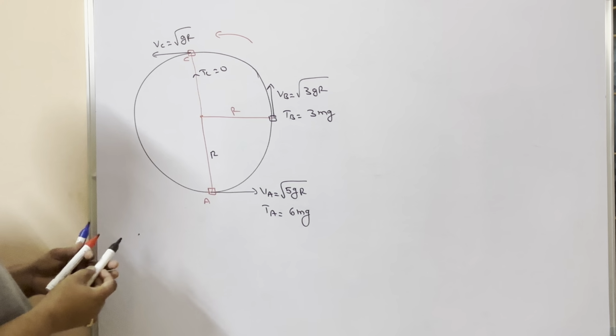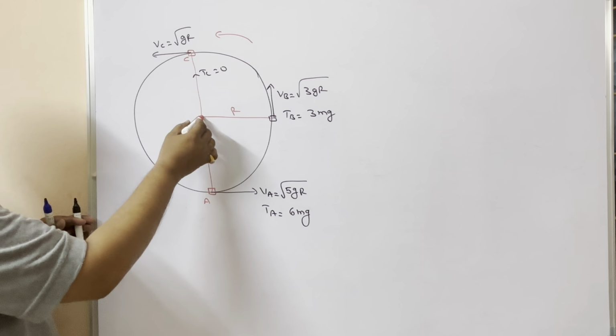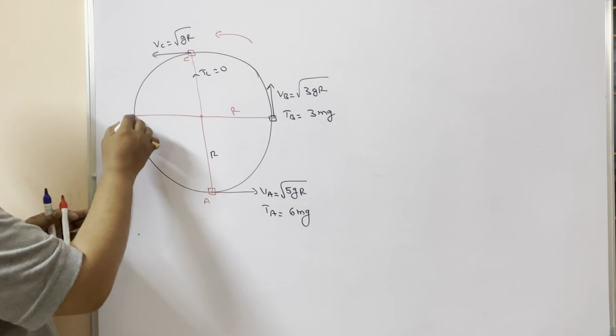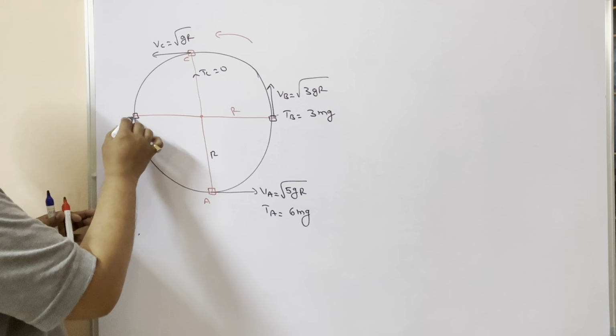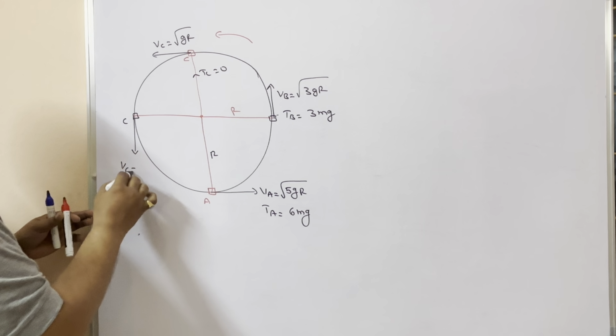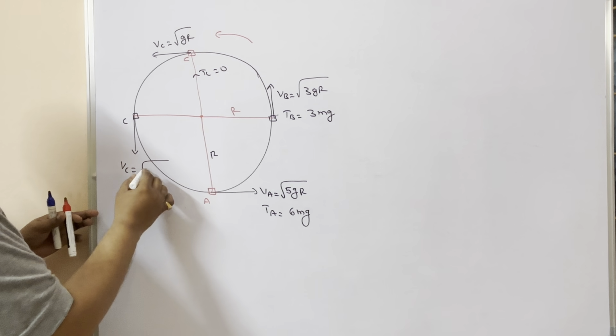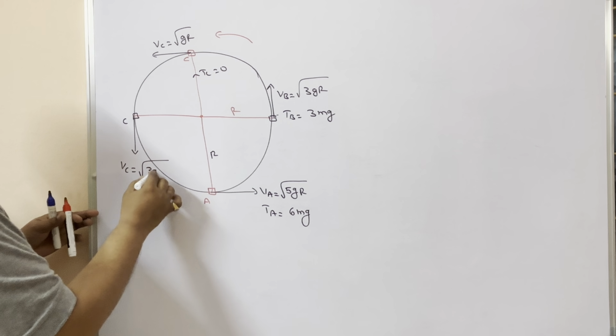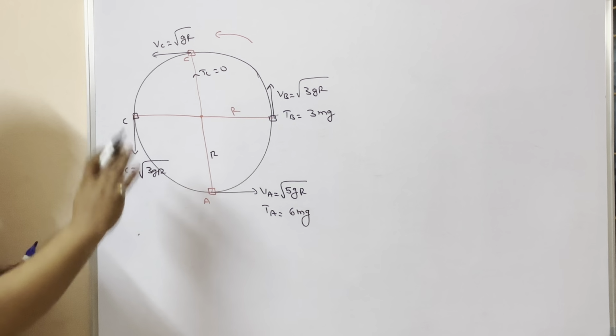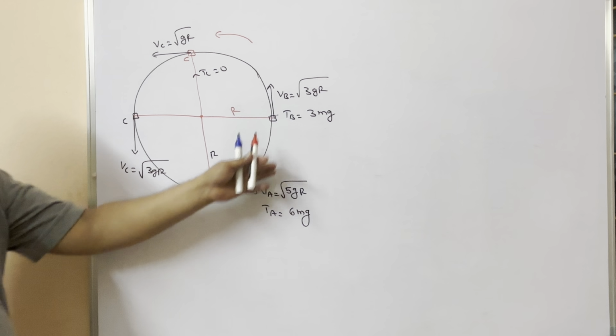TC is going to become 0. Again, at the same horizontal position, B and C are going to be the same. Therefore, VC is equal to root 3gr. We got it like this. Correct?